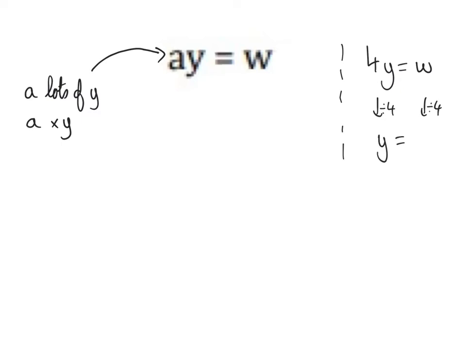And the answer we would have is y is equal to w divided by 4. So this time we're going to divide both sides by a. And solving for y, we get that y is equal to w divided by a.